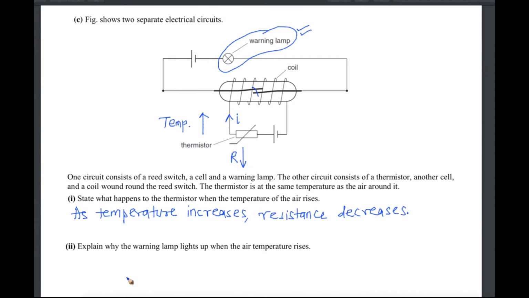In II, explain why the warning lamp lights up when air temperature rises.